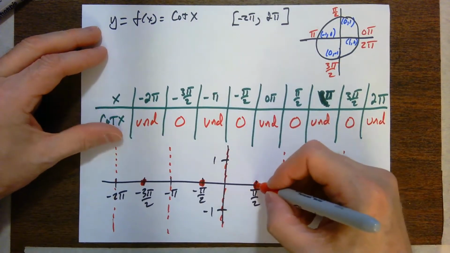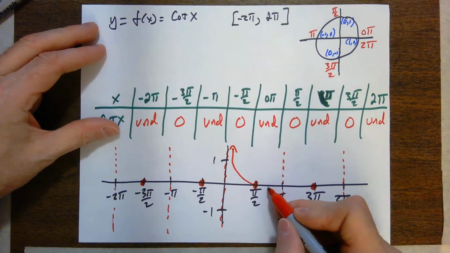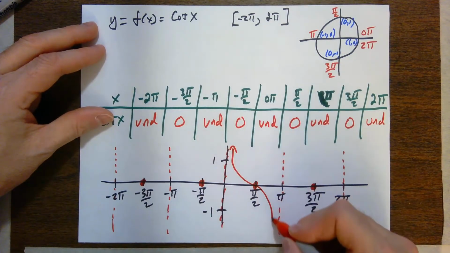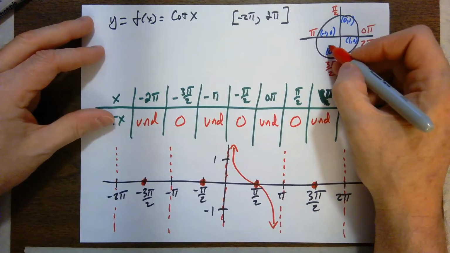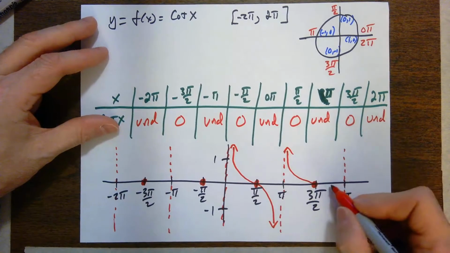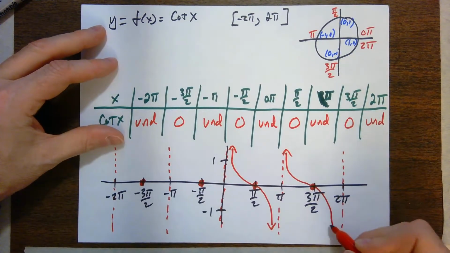It can't cross that axis, so it has to run up that axis like this. Here's the second quadrant. Tangent is negative, therefore cotangent is negative. Here's the third quadrant, tangent is positive, so cotangent is positive. Fourth quadrant, tangent is negative, therefore cotangent is negative.